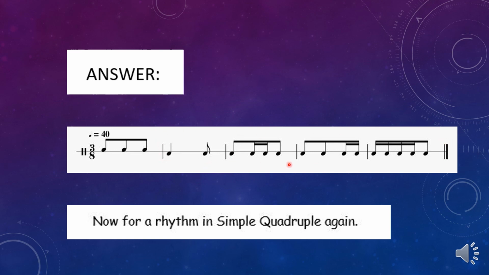Okay, that to me wasn't hard. You can see that a 4-bar sample of 3/8 is going to be shorter in duration than a 4-bar sample in 9/8. You can work the maths out on that one, can't you? All right, now we're going to go back to a simple quadruple rhythmic transcription again.